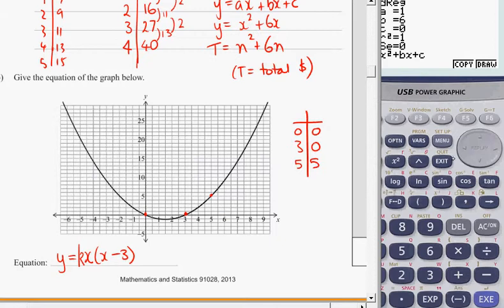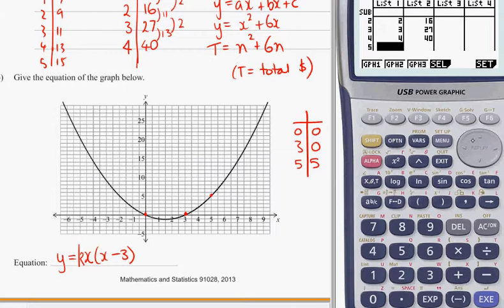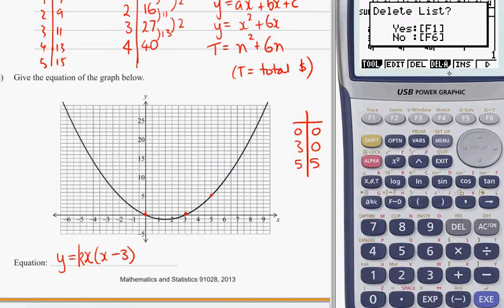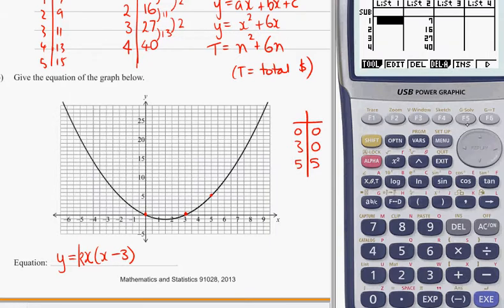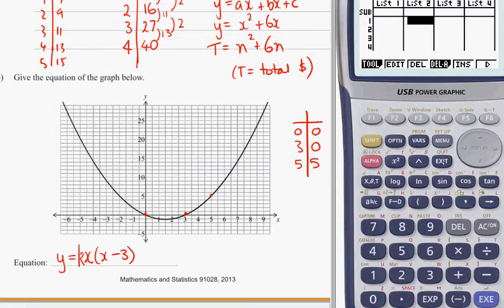So back over to the calculator again, and we'll put our new point somewhere in stat, and I'm just going to delete all those numbers. Go across and we'll delete all of those. Exit out of that.